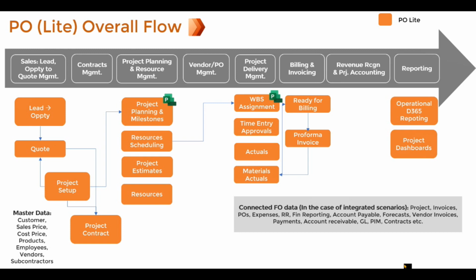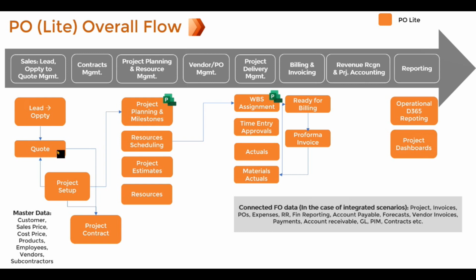So what we will be able to understand is what capabilities PO Lite can offer at a high level. We will create a lead first, and then qualify that lead into an opportunity.